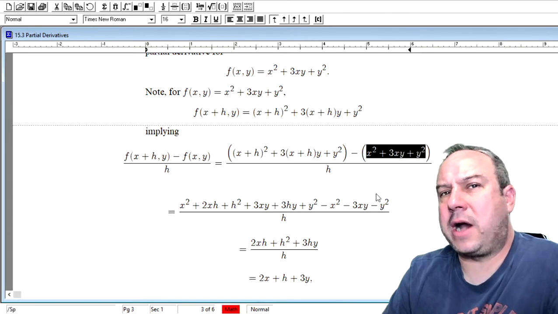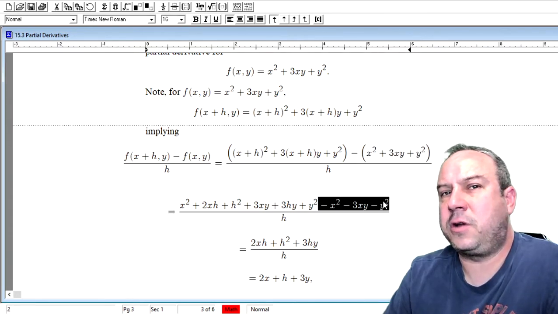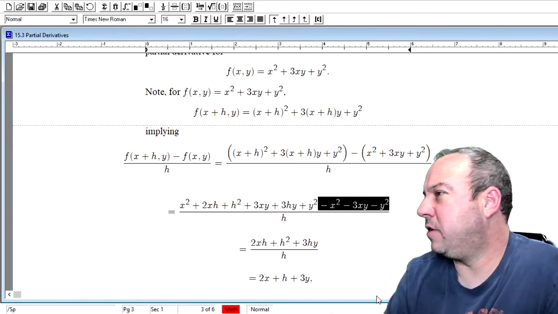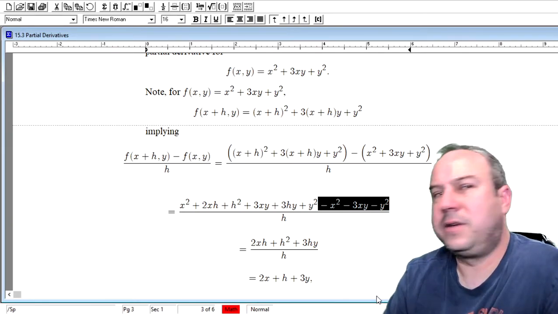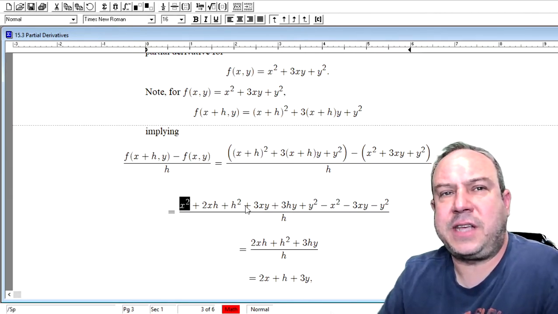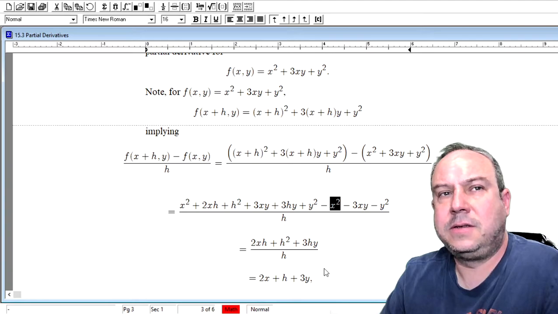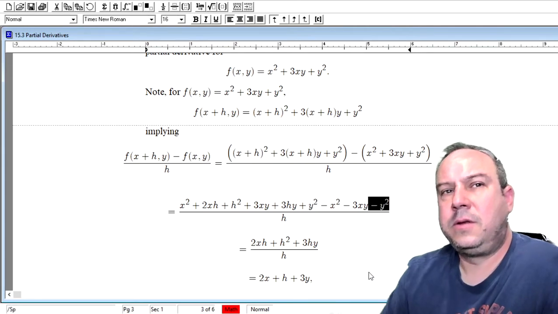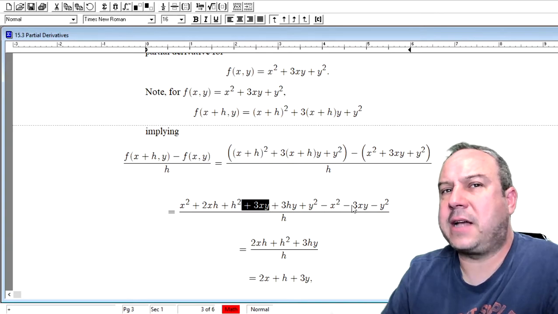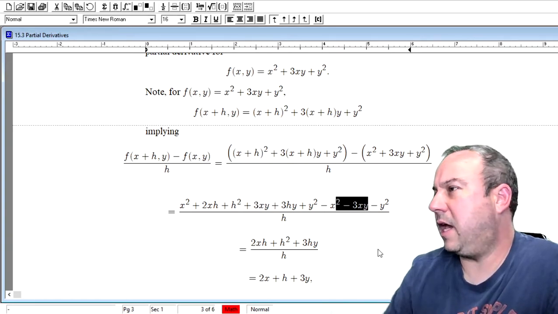Minus this quantity, where the minus does have to distribute across the terms. Note that distribution of the minus across those terms, where you do see some things conveniently cancel. For instance, the x squareds will cancel, the y squareds will cancel, and the quantity 3xy will cancel.